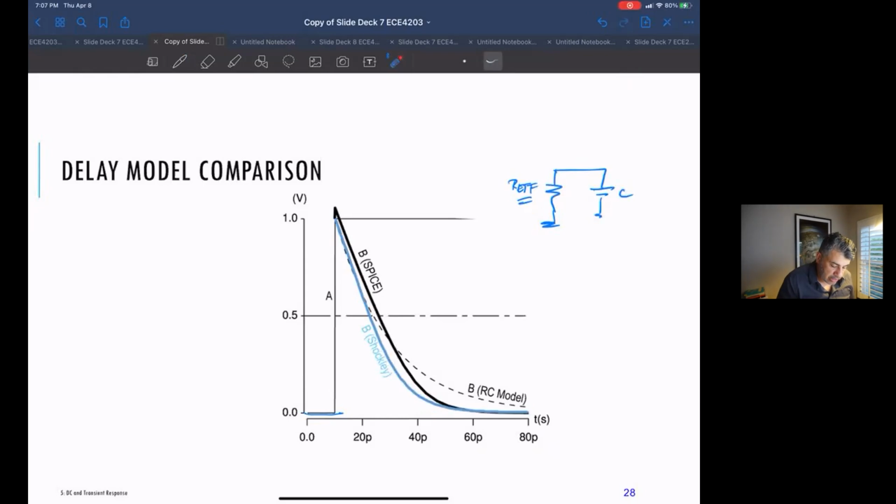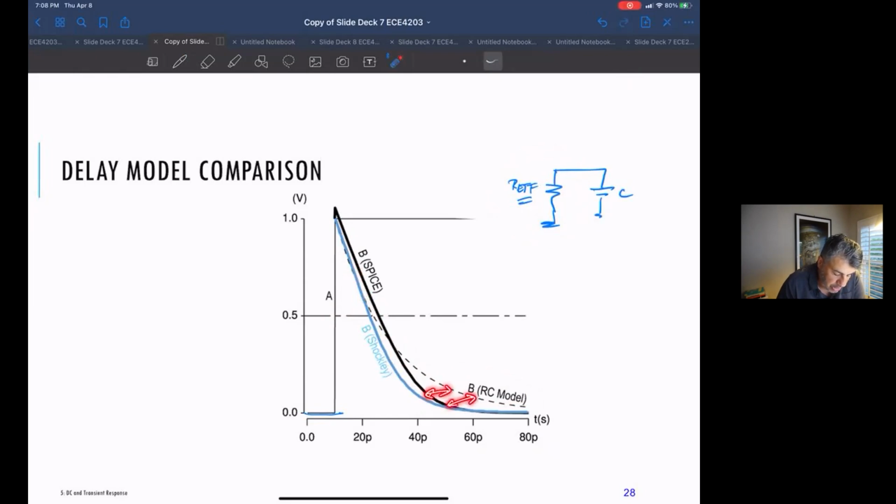If you just look at the delay, the 50% delay through the device, or the 10 to 90% curve, this dashed line is the RC model, just this really simple R effective, and then the SPICE model, and they're pretty close. At each one of these points, there's a difference, certainly going to here.